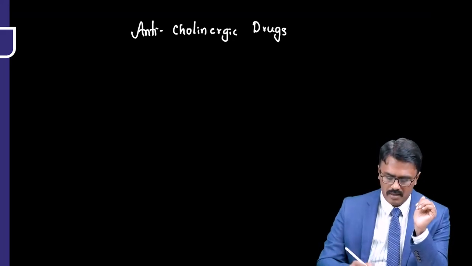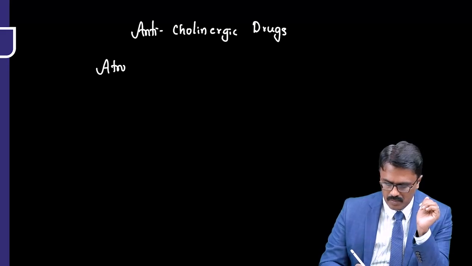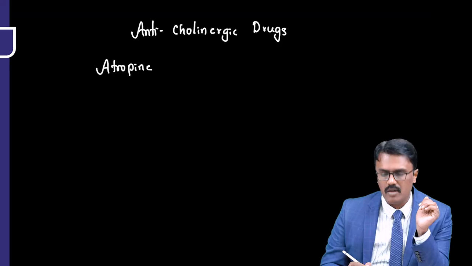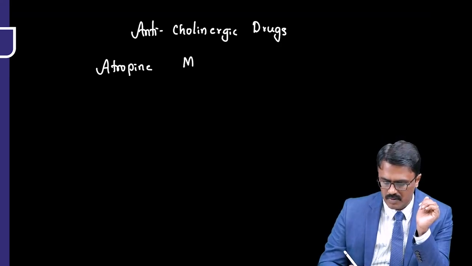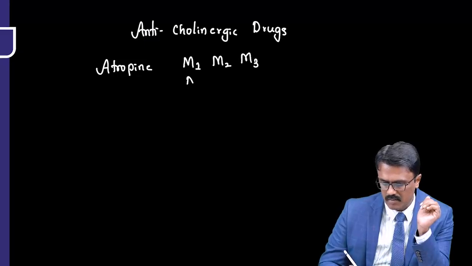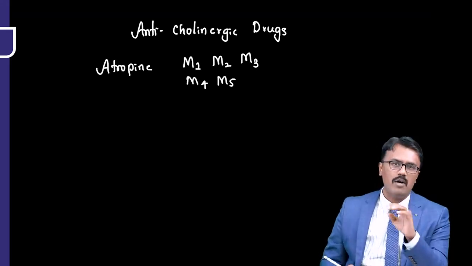Now the main drug is called atropine. Atropine blocks receptors M1, M2, M3 and even the minor receptors M4 and M5. So all the receptors are blocked by atropine.